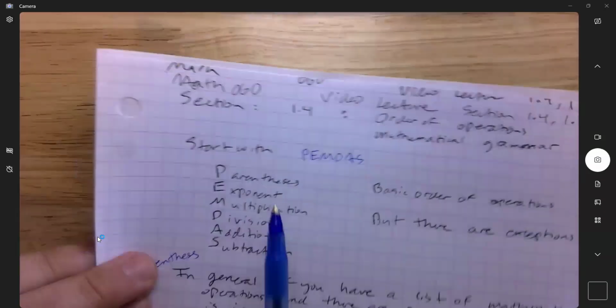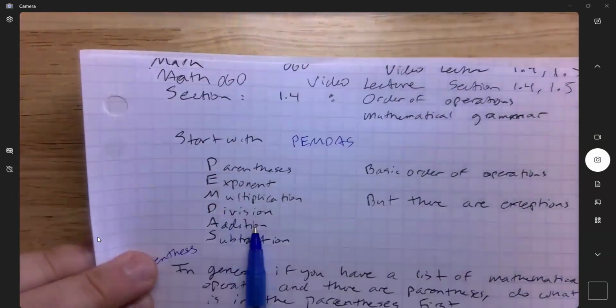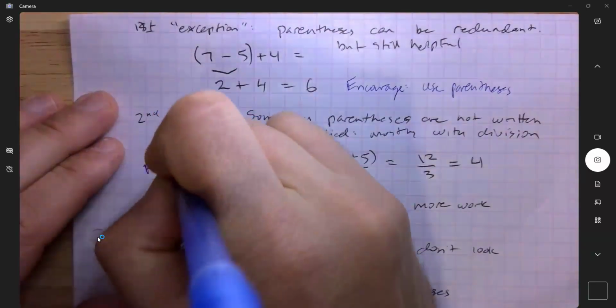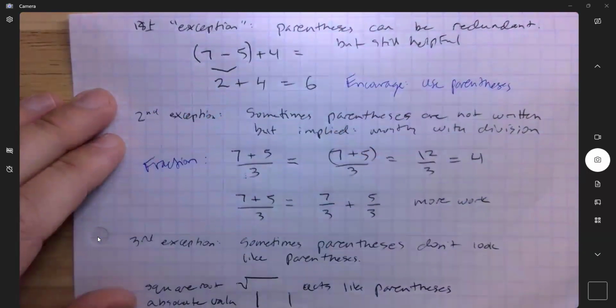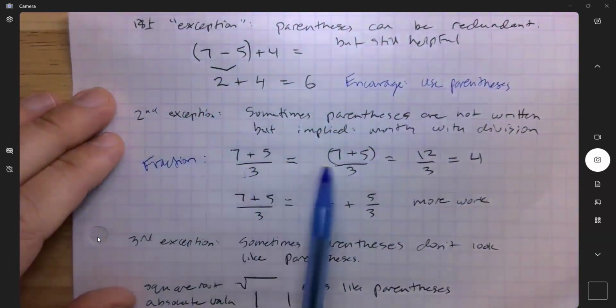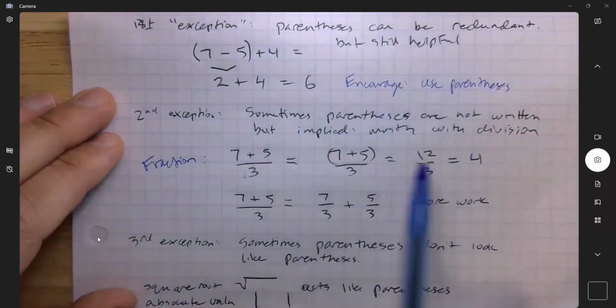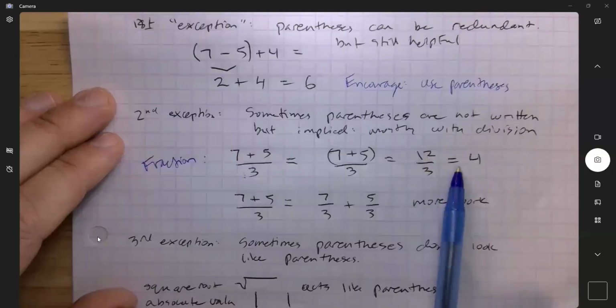PEMDAS would tell me to do the division first before the addition. But a division that takes the fraction form has an implied parentheses for the top. So you actually are going to do the 7 plus 5 first, and you get 12 over 3, which is 4.